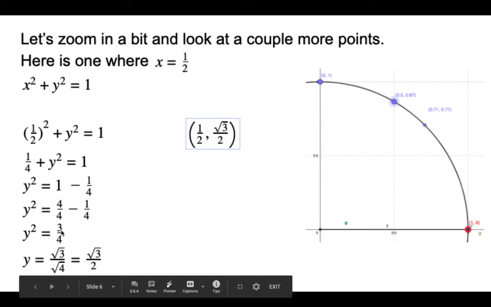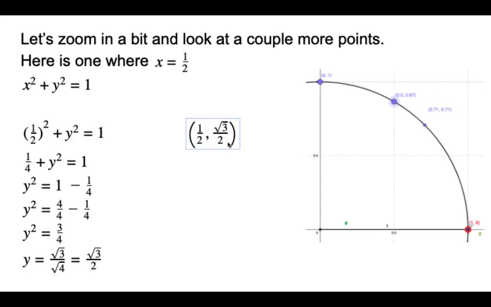And I get y squared equals 3/4. And then I take my square root. And square root of 3 is just the square root of 3. Square root of 4 is just 2. And so I get square root of 3 over 2. So I plugged in 1/2 for x, and I got out root 3 over 2. So that's that point right there.